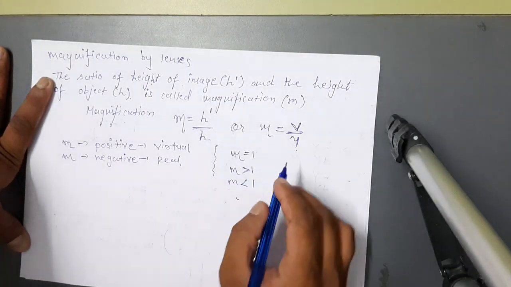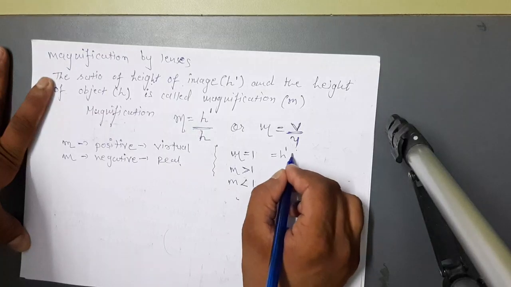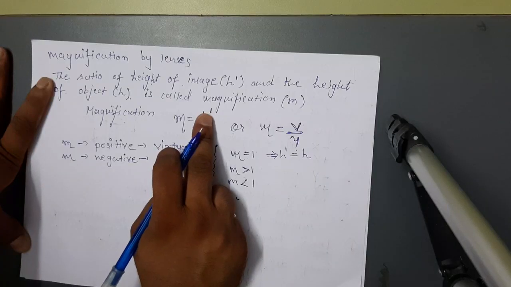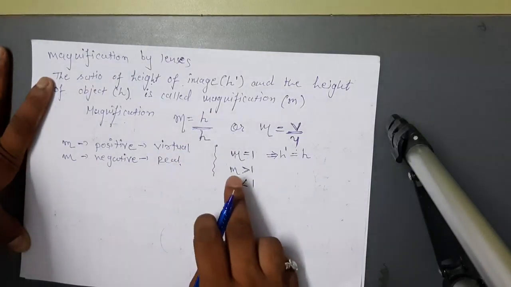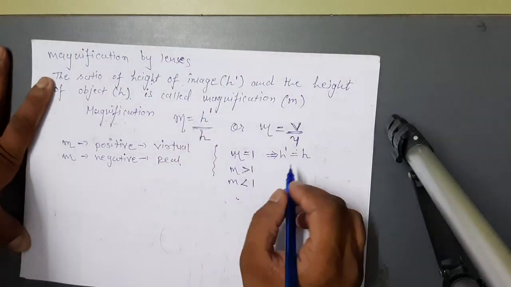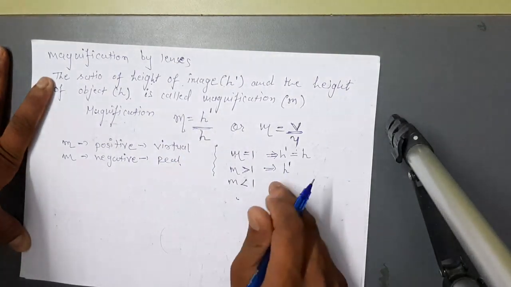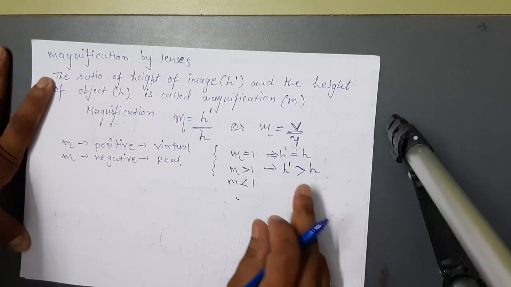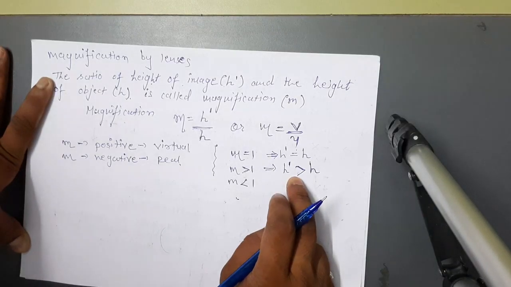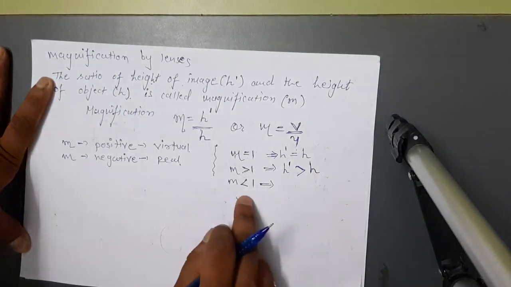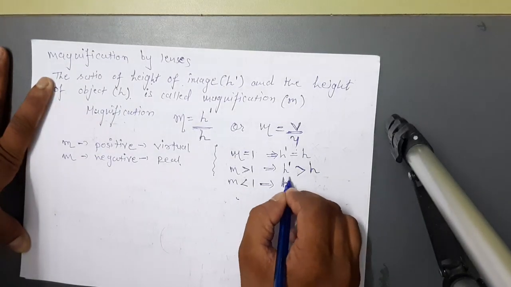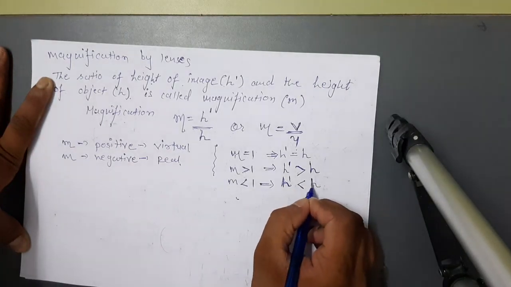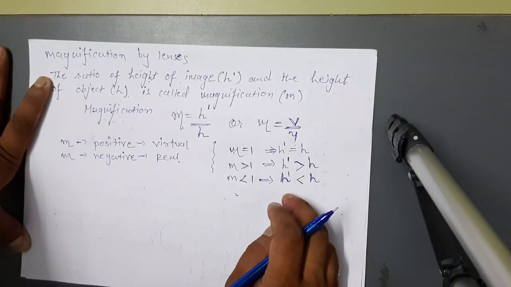When M is equal to 1, h dash is equal to h, meaning the height of image and height of object are the same. If M is greater than 1, h dash is greater than h, so that gives us an enlarged image. When M is less than 1, h dash is less than h, so we get a diminished image.